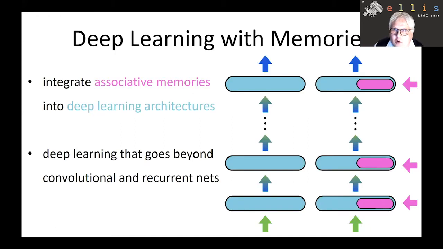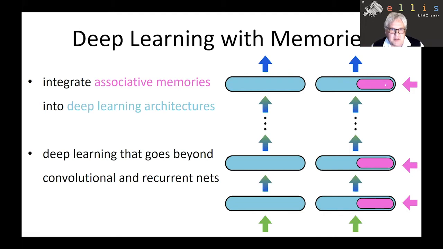Our goal is to use modern Hopfield networks to advance deep learning, to equip deep learning architectures with associative memories. You see here a deep learning architecture on the right-hand side, and now the deep learning architecture is in each layer equipped with an associative memory.